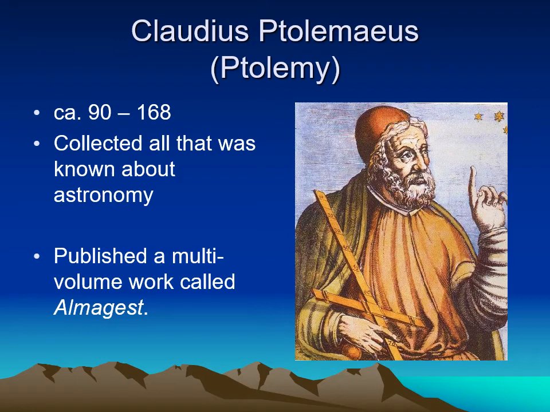In the ancient world, Alexandria was noted for a library, the repository of all knowledge. It was like the internet of the ancient world. He worked and studied at the library, studying everything that was known about astronomy, and he published a multi-volume encyclopedia of sorts called the Almagest.